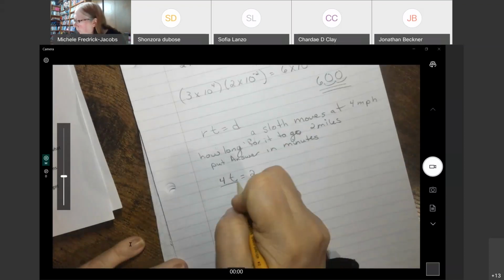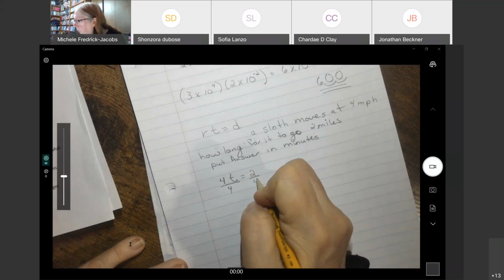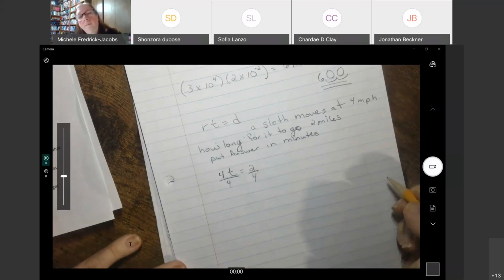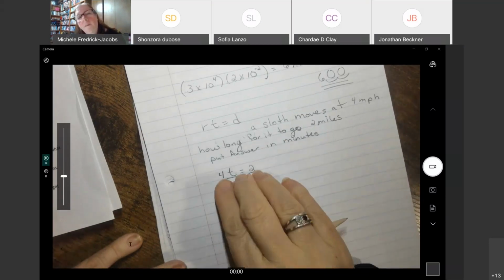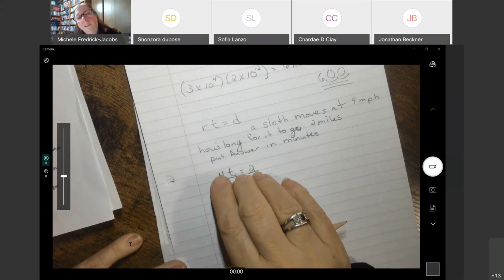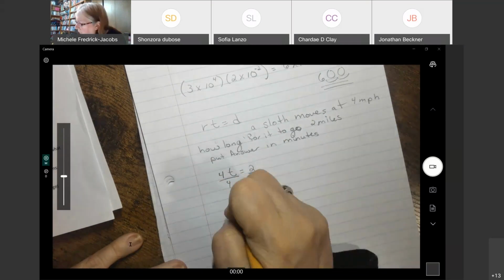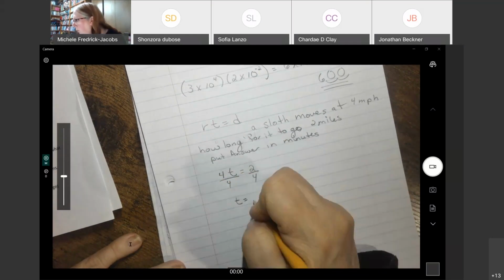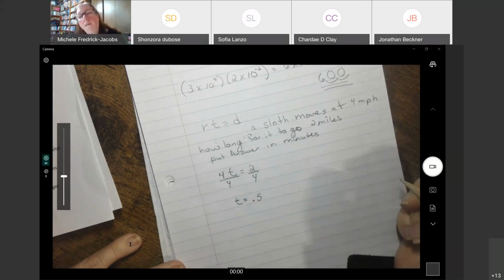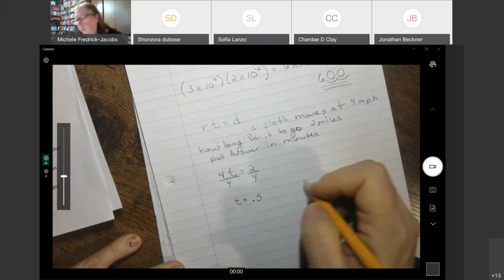First, we set up our formula. Then to solve it, it's 4 times t. So to get rid of the 4, you divide by 4. So t equals 0.5. This would be hours.